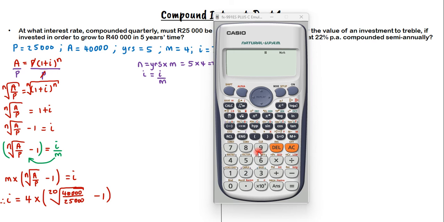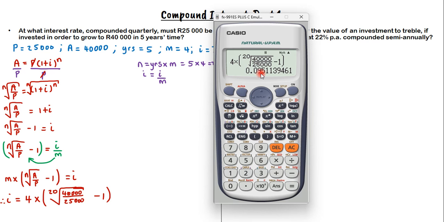So going through the calculator, I'll type it exactly how I wrote it there. Here I need to find the root, so I'll press shift and press that so that it gives me that space there to put 20, and then I write 40,000, divide this by 25,000, and then I will minus this by 1, and that's how I get my value.